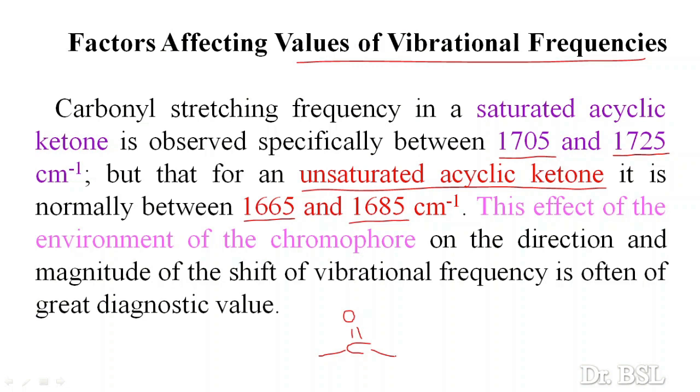That means something is affecting the value of this stretching frequency, carbonyl stretching frequency. So this is mainly due to the environment of that chromophore. And if we see this example, the environment of this carbonyl.